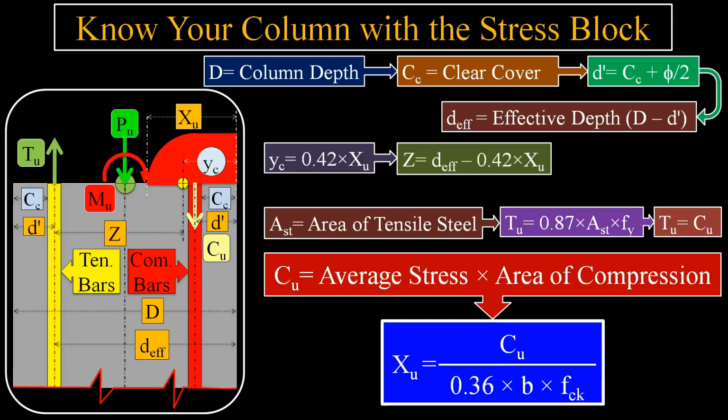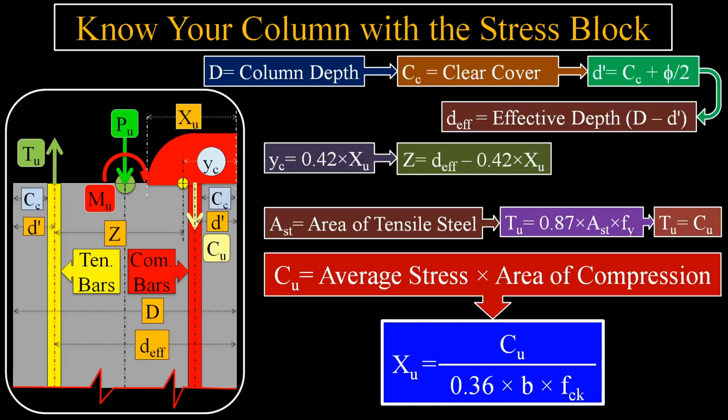The ultimate tensile force, Tu, in the steel reinforcement is 0.87 times AST times Fy. The compressive force, Cu, is calculated by multiplying the average stress in the concrete by the area of compression.